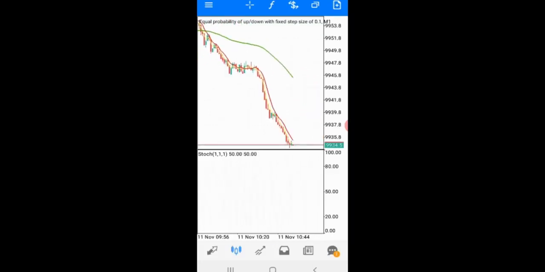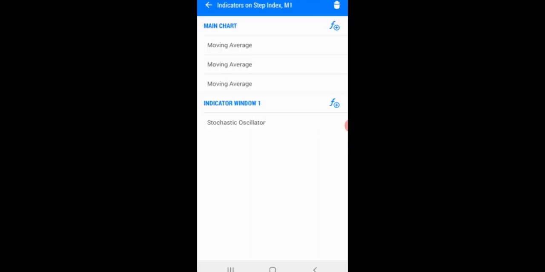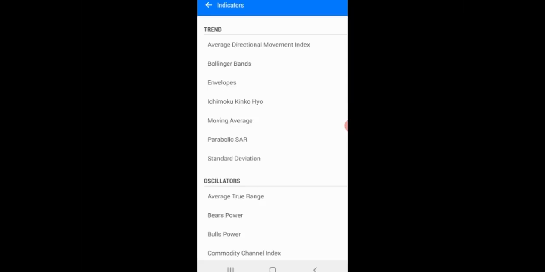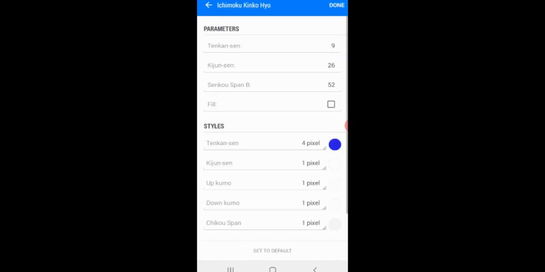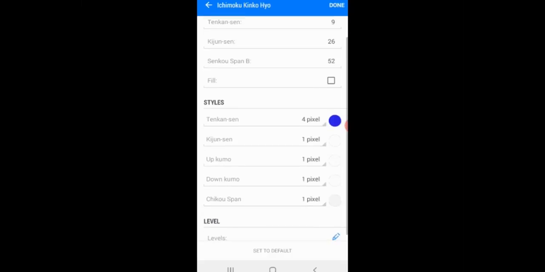Then the next indicator we are getting is the Ichimoku. For the Ichimoku we take the first setting, 9, 26 and 52. You set yours like this, 9, 26, 52.